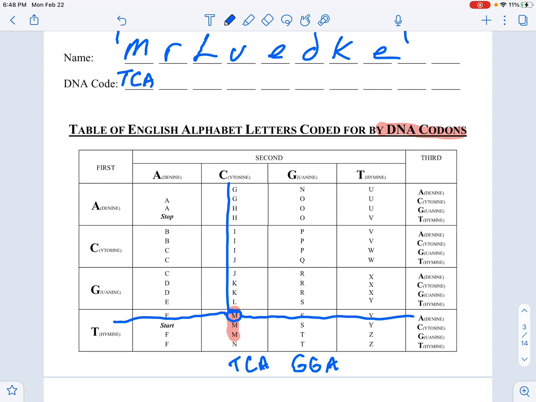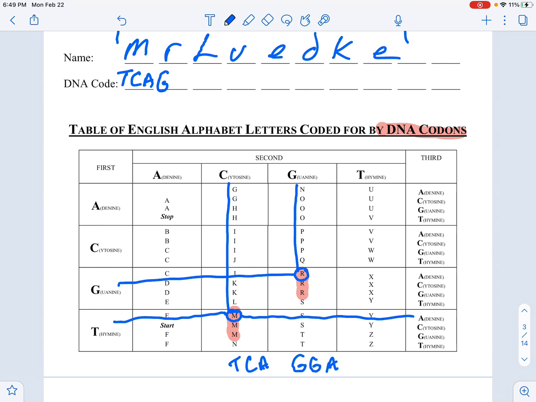All right. Then next I want a code for an R. Again, there are 3 R's in here. It does not matter which one I pick. I'm just going to pick the top one again. So to figure out the code for an R, the first base that I would need is a guanine.